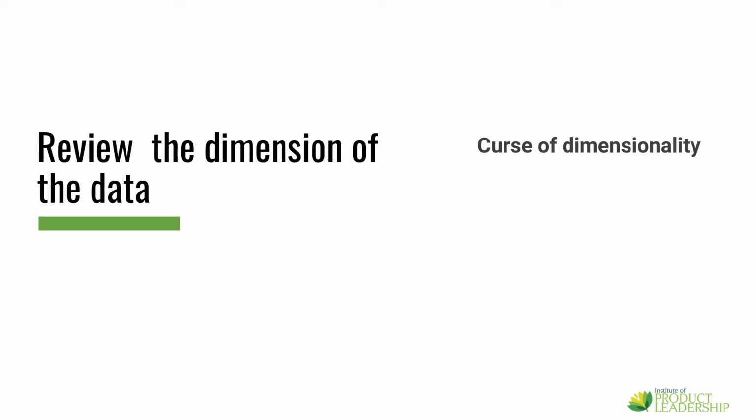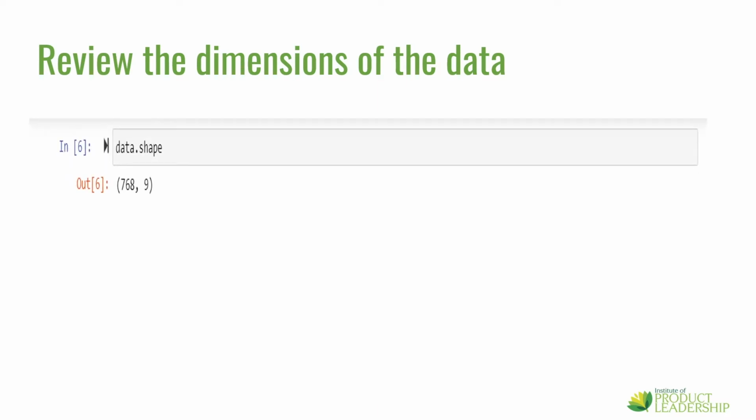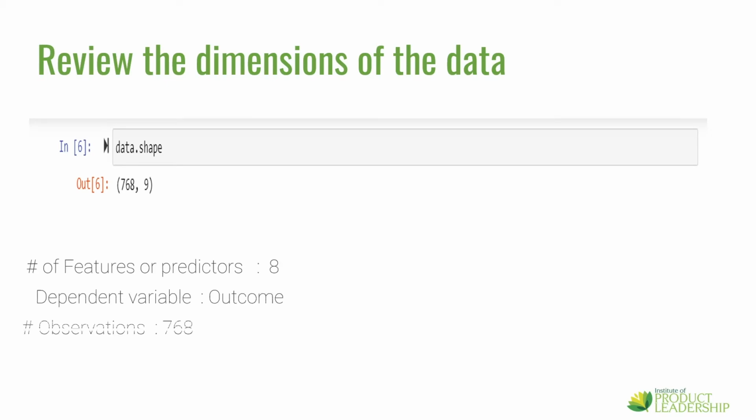We will cover the topic of curse of dimensionality in a subsequent video series. We use the command data.shape to see the dimensions. Here we see that the dataset has 9 columns and 768 rows. Of the 9 columns, 8 are predictor variables and 1 is the dependent variable, that is outcome. There are 768 observations or rows.